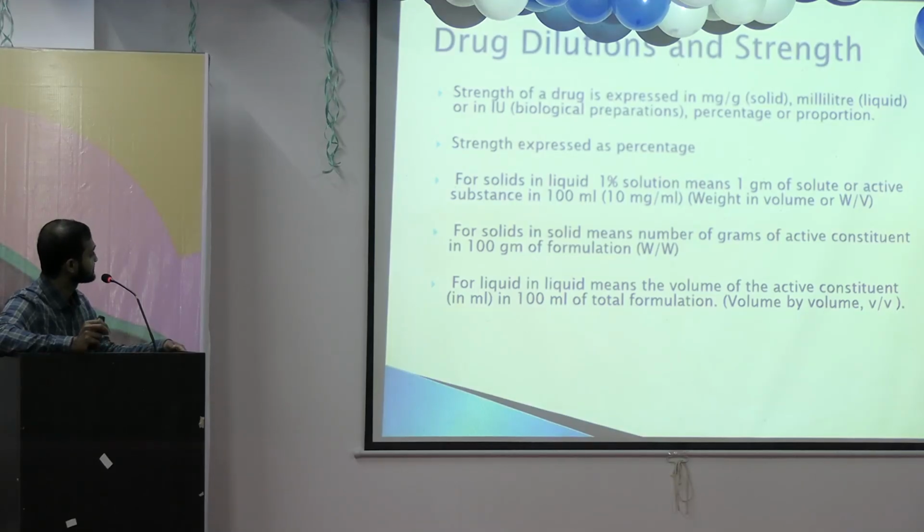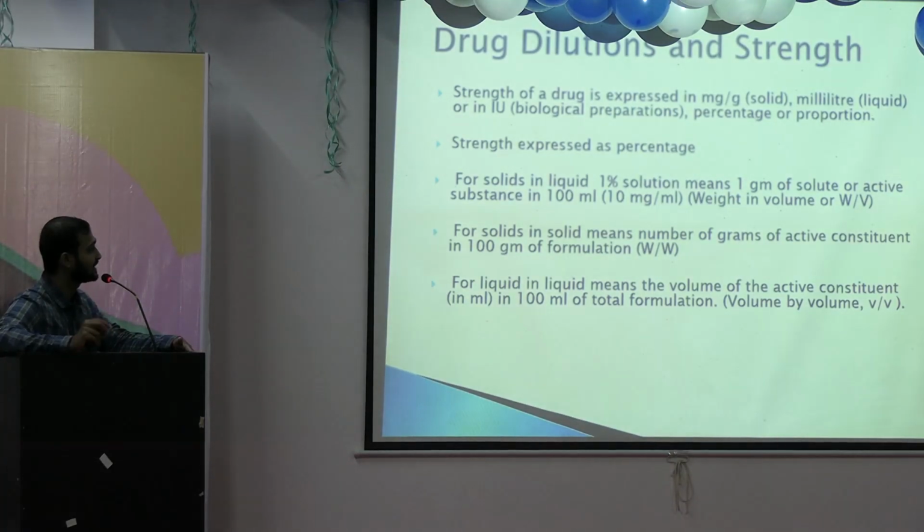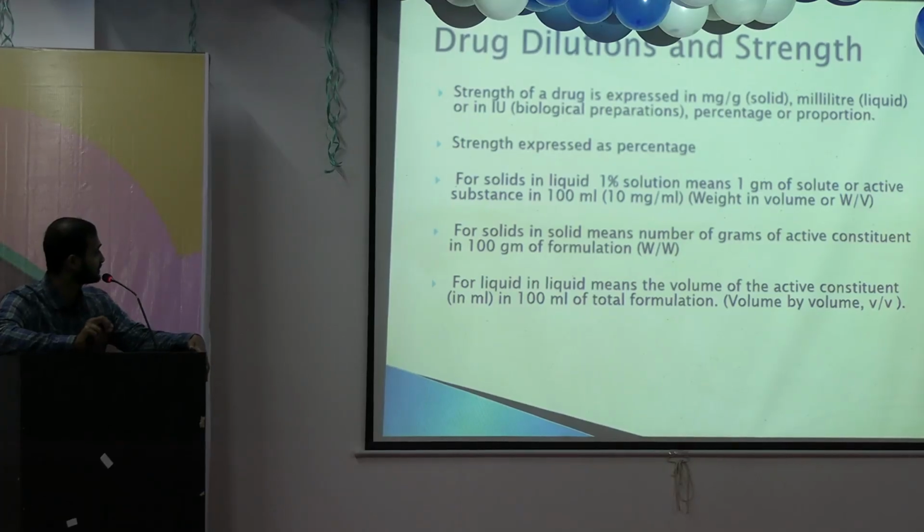Strength expressed as percentage: if we say that a 1% solution is given, what does it mean? It means 1 gram of solute is dissolved in 100 ml of solvent. This is in the case of a solution.